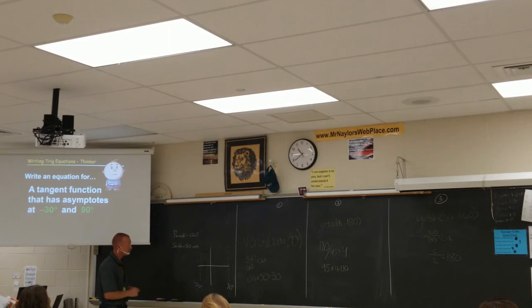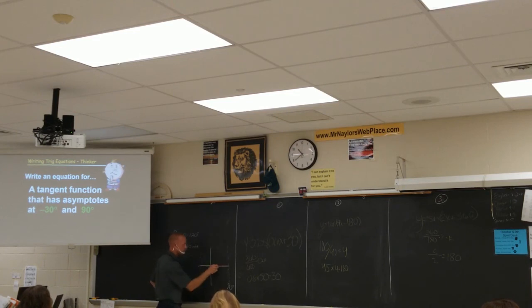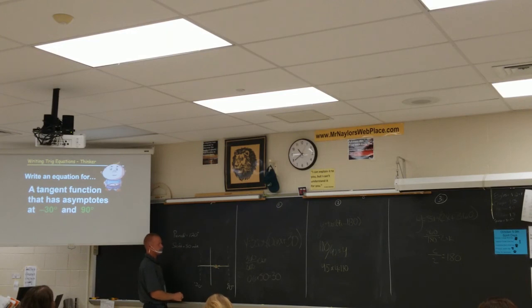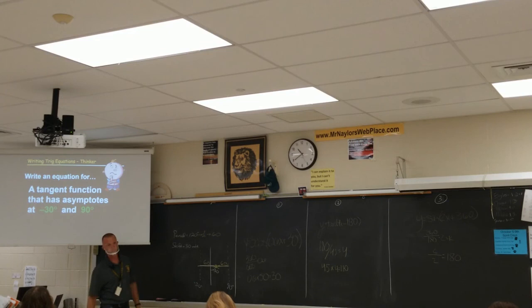So we know that where the tangent is graphed is in the midpoint between the asymptotes, which is 60, because the period is 120. And so if we go from left to right, we add 60 to negative 30, we end up at 30. And then we know that it's regularly graphed on the origin, so then it's a shift 30 to the right. Very good.